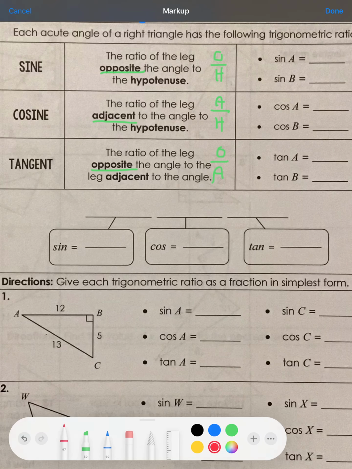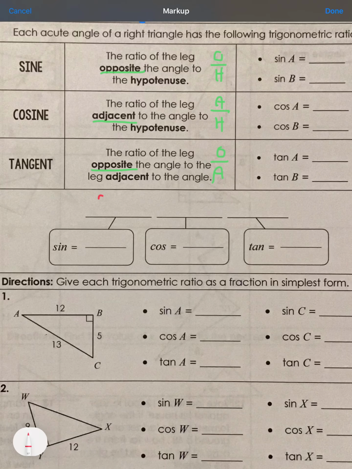So that's where we get the O over H, the A over H, and the O over A. And once again, the acronym is called SOHCAHTOA. SOHCAHTOA helps us decide which one we should use.